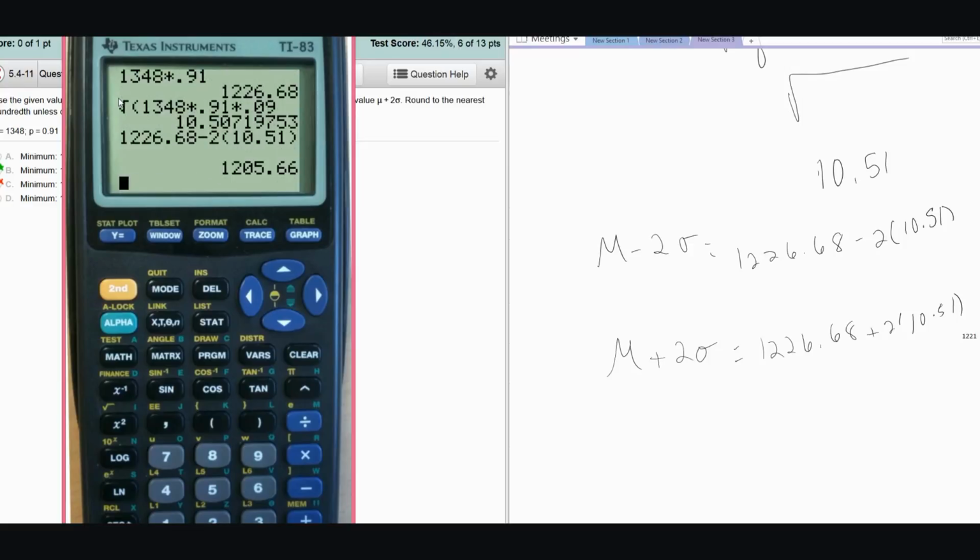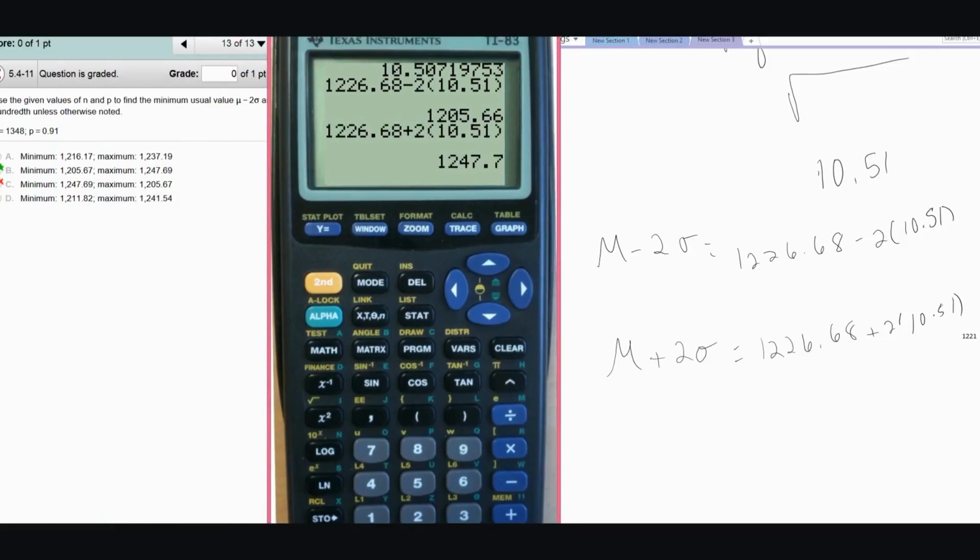So our minimum value is 1205.66. And our maximum value is 1247.7. And you can see within rounding, that's what those are right there.